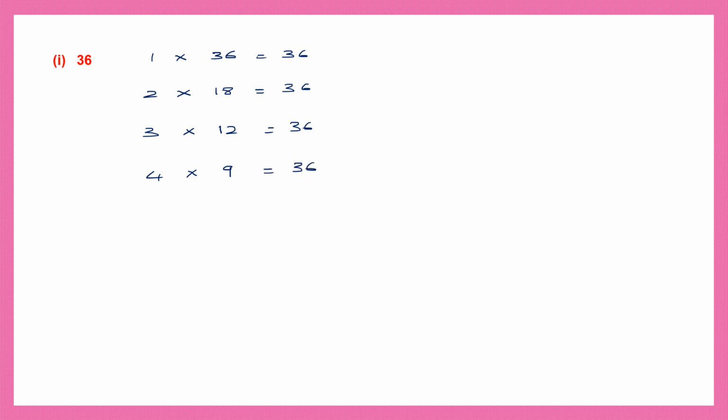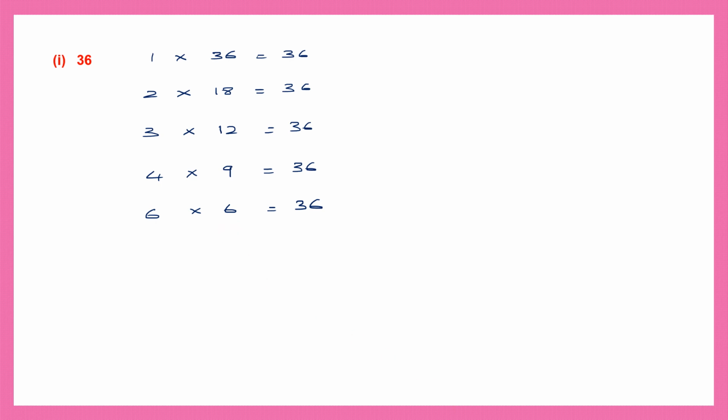Let's go to 5. No, nothing. Let's go to 6. 6 sixes are 36. So 36 has many factors, isn't it? What are they? 1 and 36, 2 and 18, 3 and 12, 4 and 9, and 6 and 6. You don't have to repeat 6, you can write it just once.